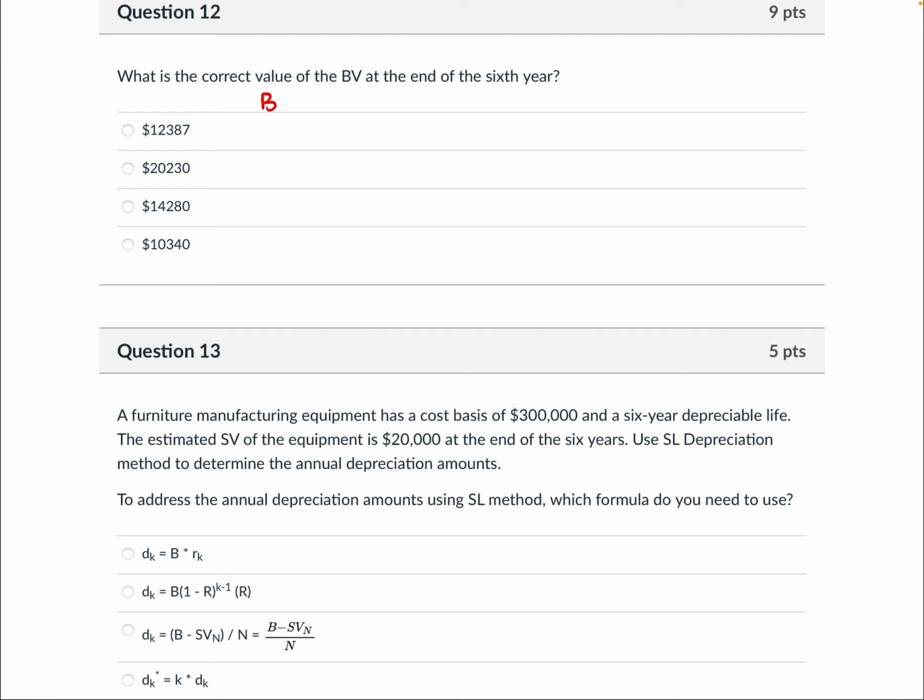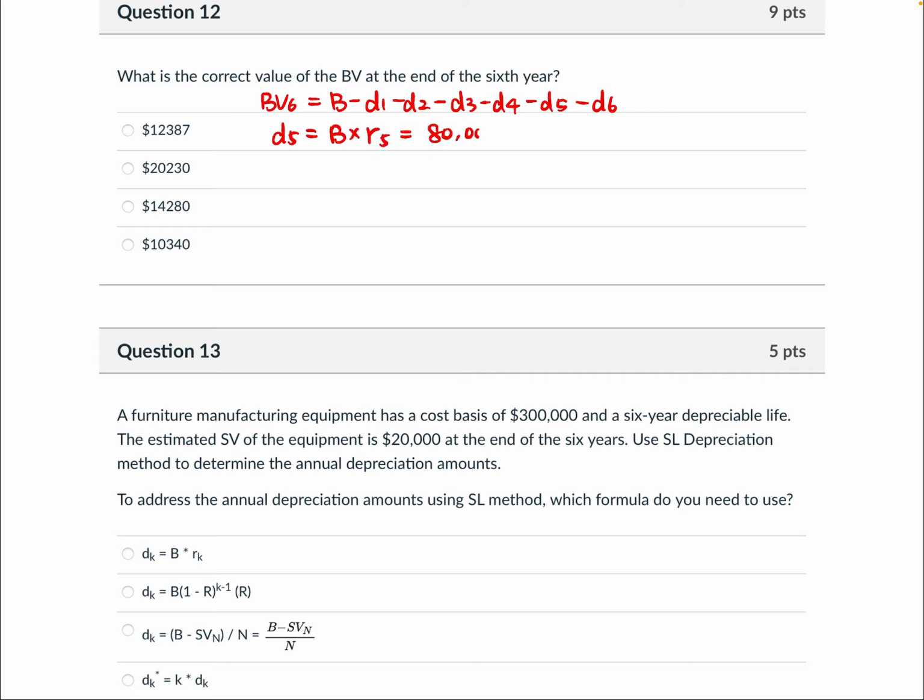So BV at the end of the 6th year is BV6. It is B minus D1 minus D2 minus D3 minus D4. We have already calculated this. And minus D5 minus D6. So we need to calculate D5 and D6. D5 is B times R5.